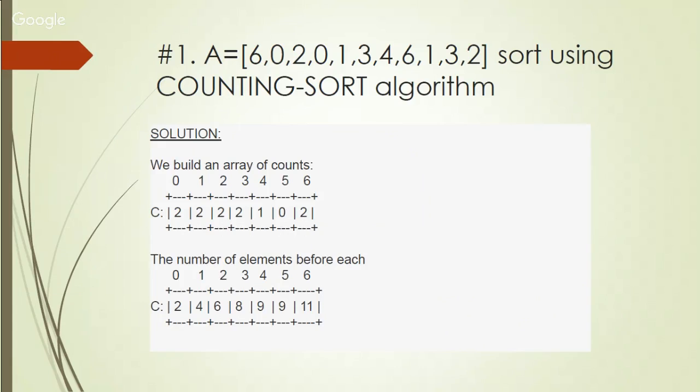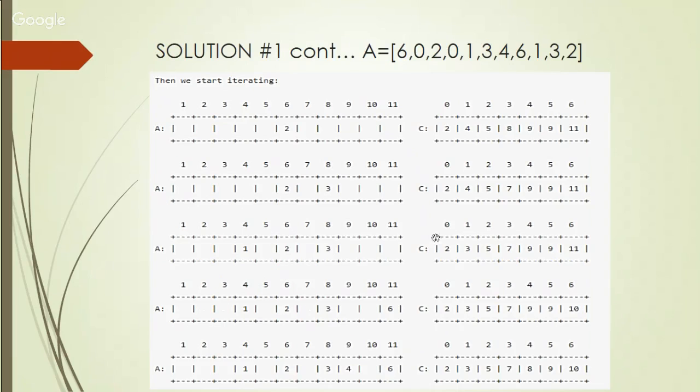Now we shall go through the iterations, and this time we shall start from the end of our array. Notice that J has been moving all through the array up to the end. Now at this point, J, which is keeping track of the index, will be at number 2. So we check at number 2.